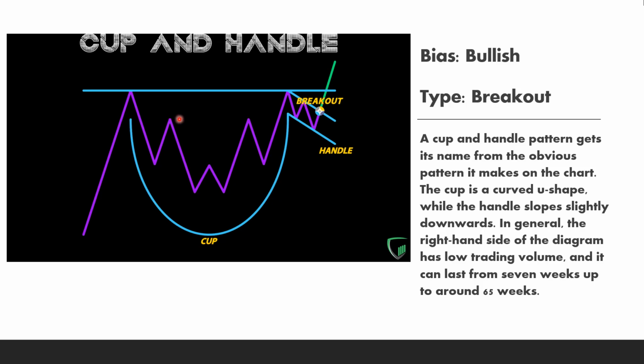It cannot break this area, so this also becomes an area of resistance. So let me go ahead and draw a line. It starts coming down, makes this new low, right? So that becomes a level of support, right? Then it comes back up, and remember, this was a support back then, so old support becomes new resistance.